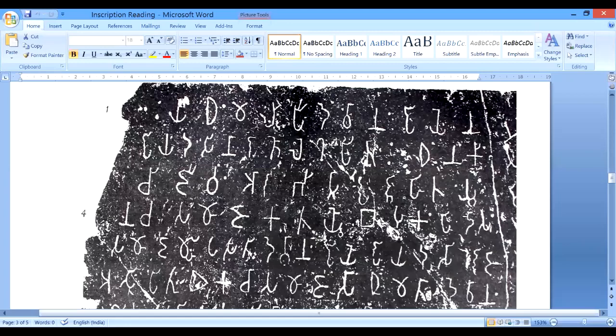Okay. Then the next word, it is pra, pa, and on the top you can see there is a zigzag line.